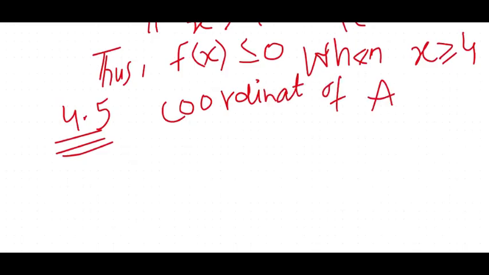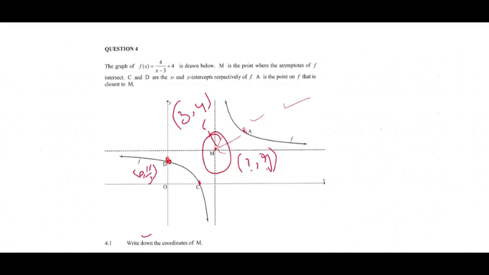A is the point on f closest to M. As you can see over here, the point A is closest to M. Okay. So these points lie on the line of symmetry.